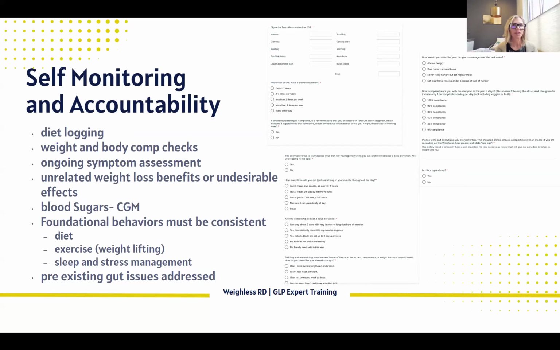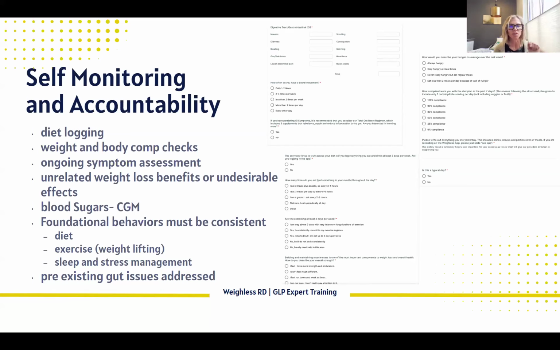Every single time a patient comes in for a follow-up, they get an automated symptom assessment form, so we can get a snapshot of if things have changed along the way, or because of the titration and things like that.